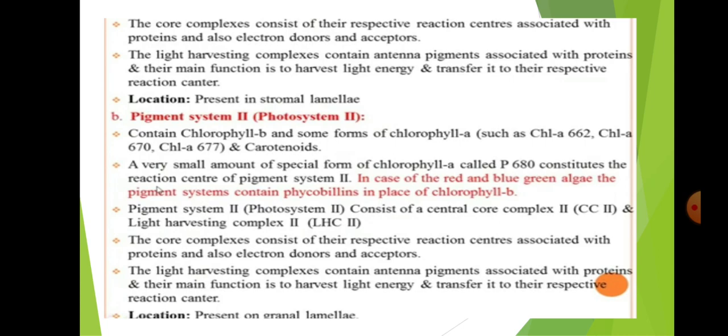The core complexes consist of their respective reaction centers associated with proteins and also electron donors and acceptors. The light harvesting complexes contain antenna pigment associated with proteins, and their main function is to harvest light energy and transfer it to their respective reaction centers. Photosystem 2 is present on granum lamellae.